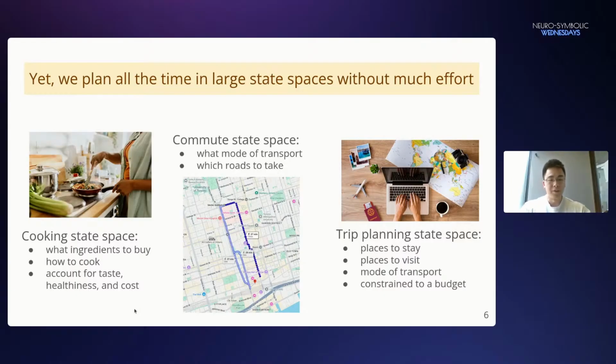Similarly with commuting to work, or planning a trip or vacation, you may need to consider different modes of transport and roads to take. The physical world itself is a very large state space. In planning a trip, there's also a combinatorial nature to deciding among many different places to stay or visit and modes of transport, and again, you may consider different preferences or constraints on your budget.